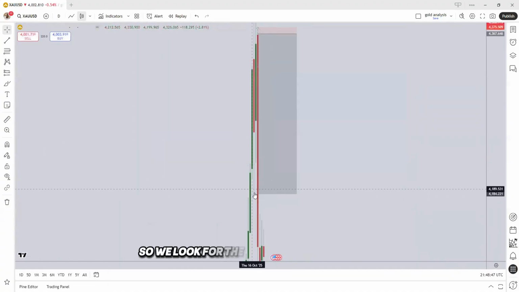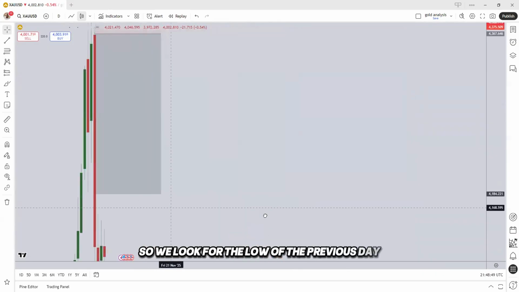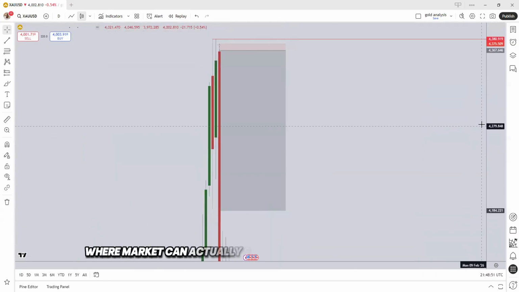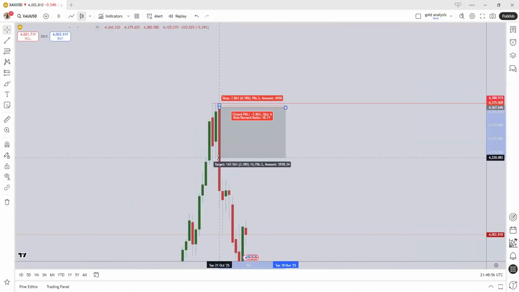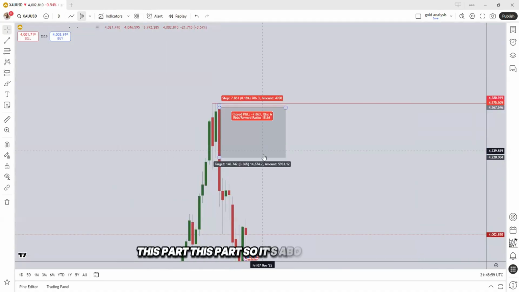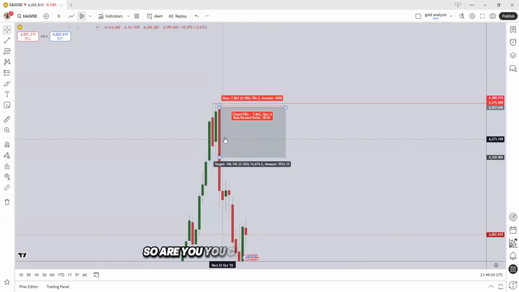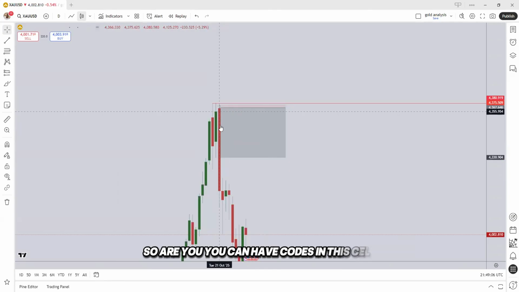We look for the low of the previous day where the market can actually start to buy from, which is this part. It's about 18 hours here. That's how you could have gotten this sell.